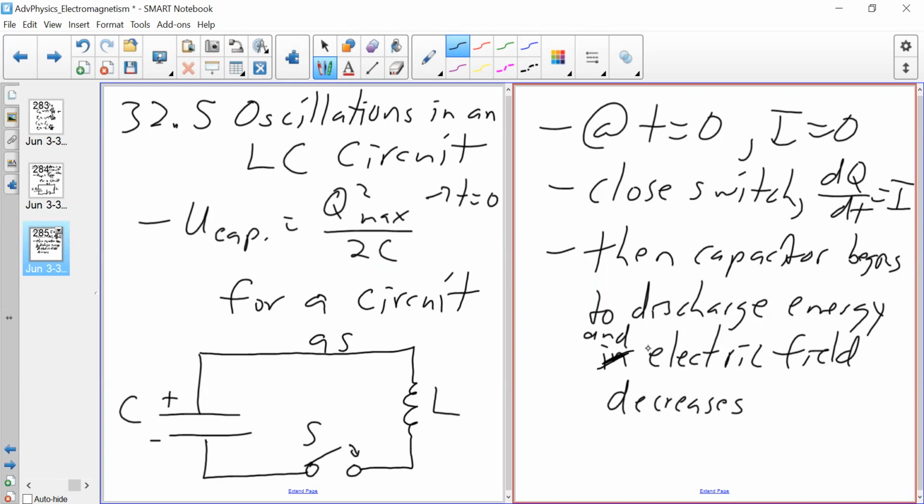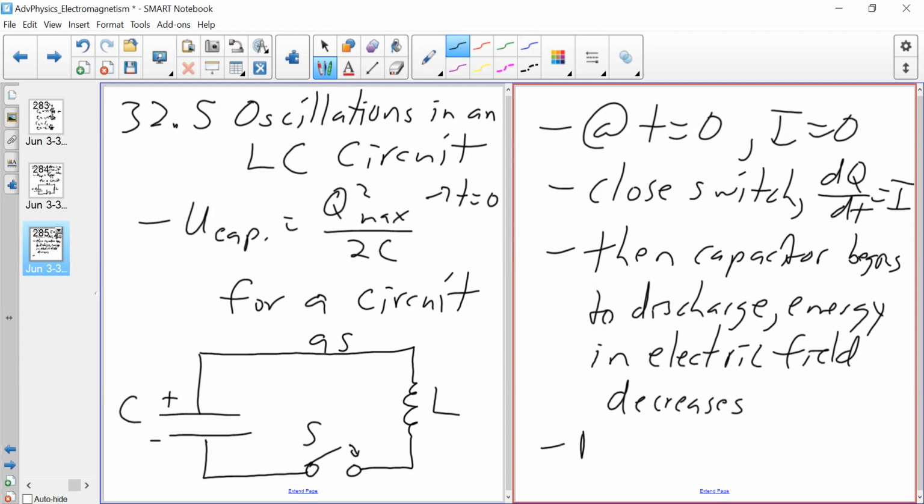Or let me correct myself. The energy to discharge in the electric field, I just blended stuff together. The energy in the electric field decreases. Okay. The energy in that field decreases.